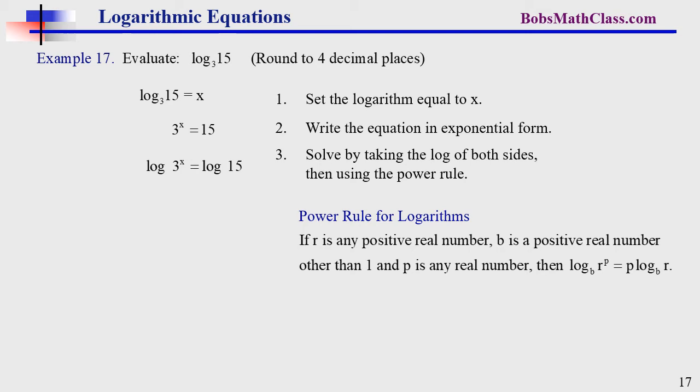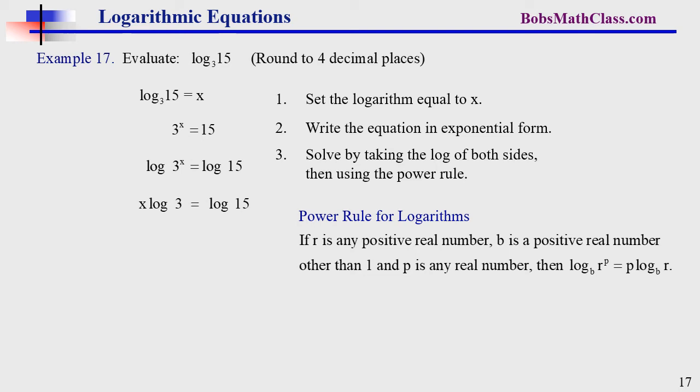If r is any real number, b is a positive real number other than 1, and p is any real number, then there it is at the right. Log of r to the p base b is equal to p times log of r base b. So that power p goes in front of the log. So that x goes in front of the log 3.